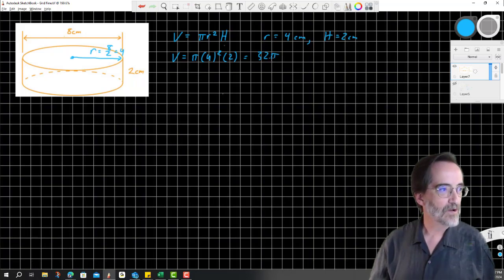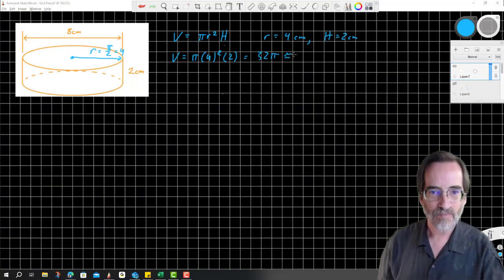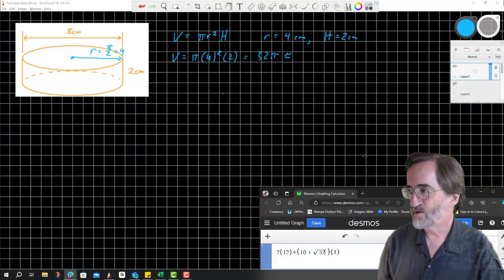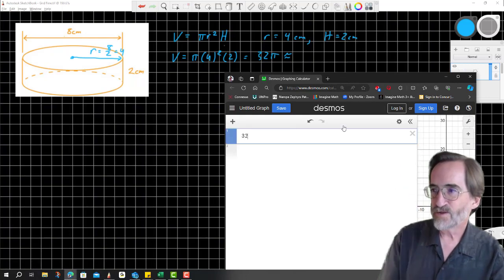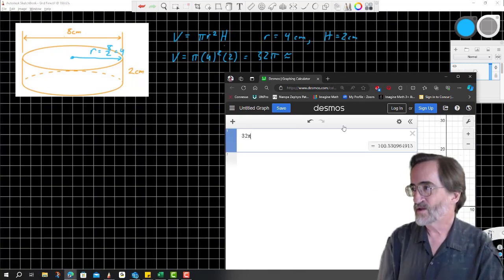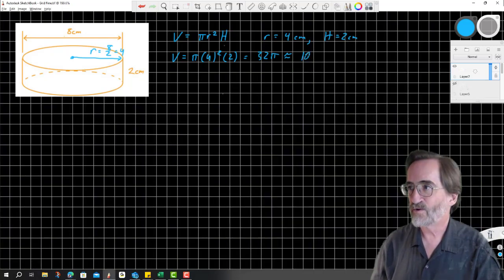But we can round it because I think we were given instructions to round to the nearest tenth. So 32 pi is 100.5, and that does agree with the key. 100.5, and this is centimeters cubed.